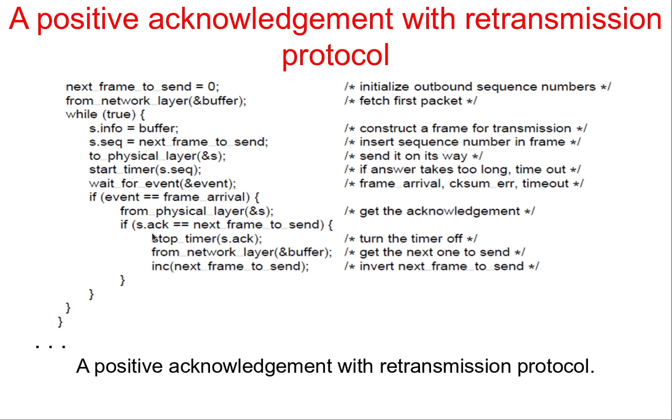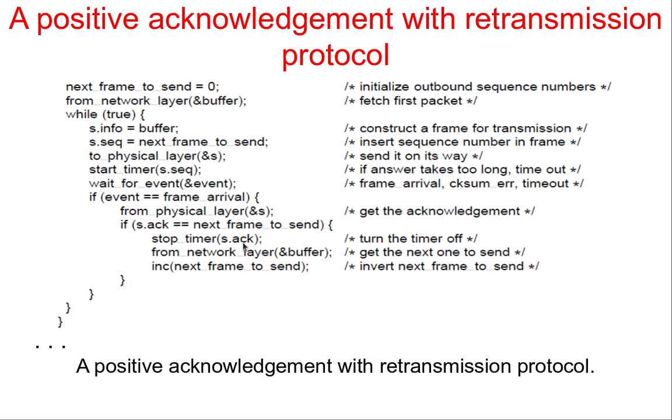If the acknowledgement part of that accepted frame is equal to next frame to send, that means the receiver has sent a frame back as part of acknowledgement, where the acknowledgement was given to the previously sent frame. That is the meaning, and that's how now it is sure that the receiver has received that frame, and that's how we are stopping the timer of the corresponding acknowledgement number of the frame.